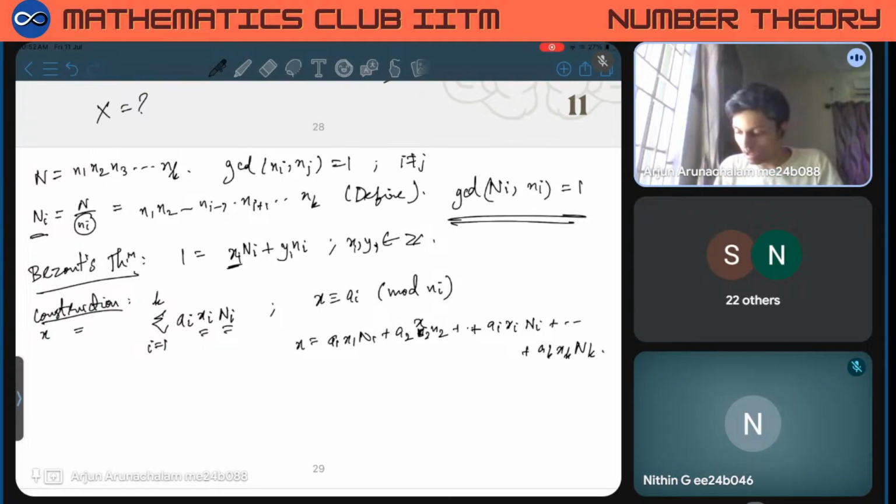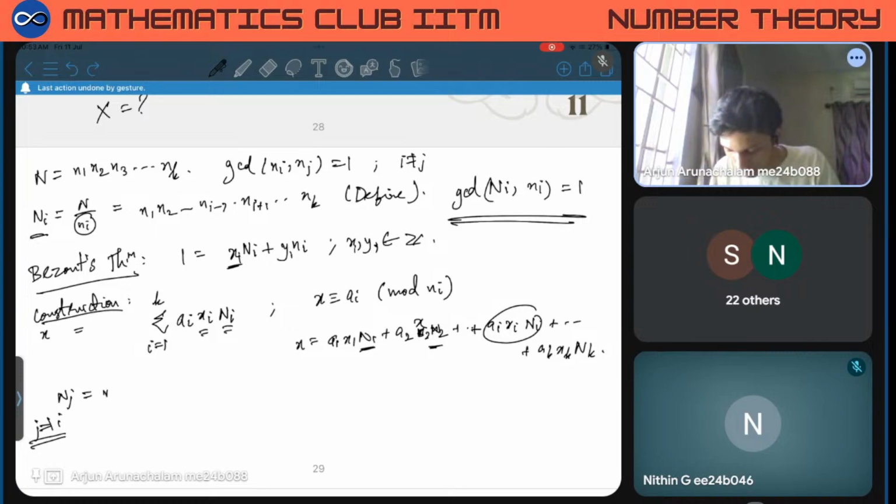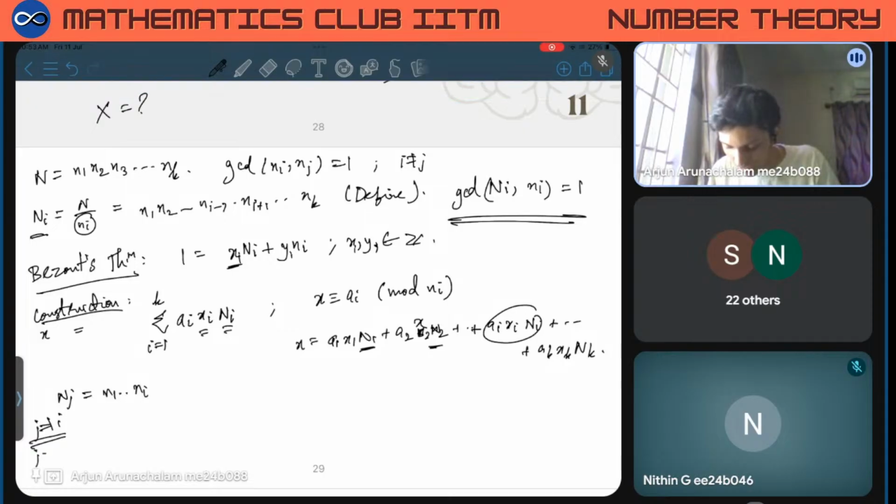Now note that other than this term, in every Nj, where j is not equal to i, you have an ni in it, right? So it will be like n1, and so on up to ni, let's say j is greater than i, n(j-1), n(j+1), and so on up to nk. So ni divides Nj for i not equal to j, right?